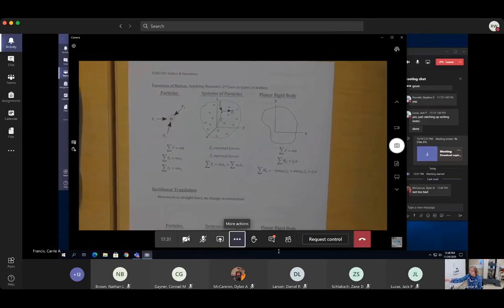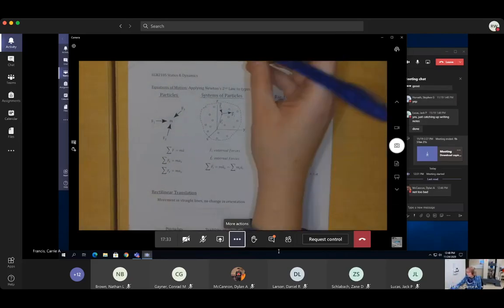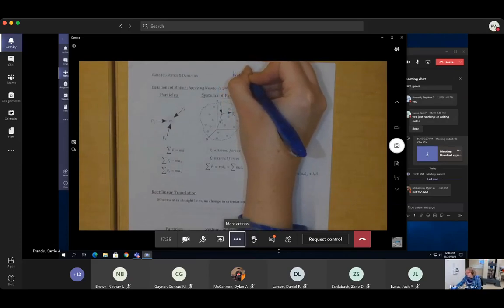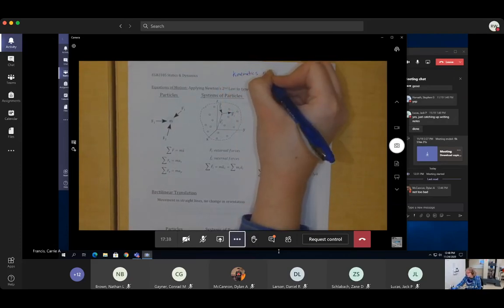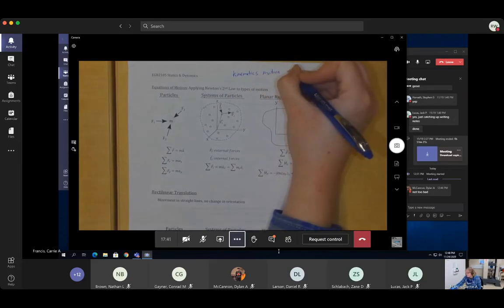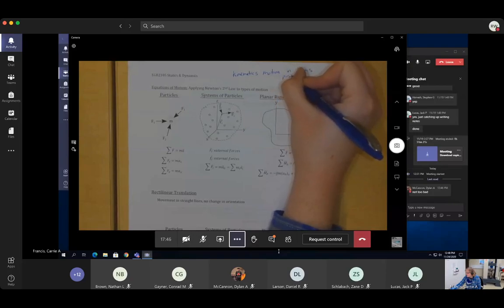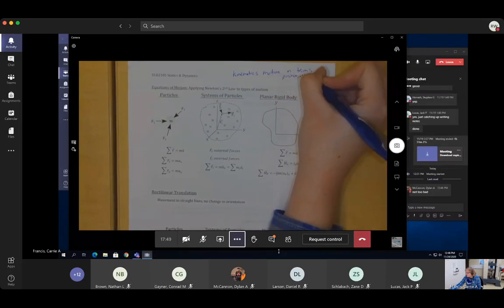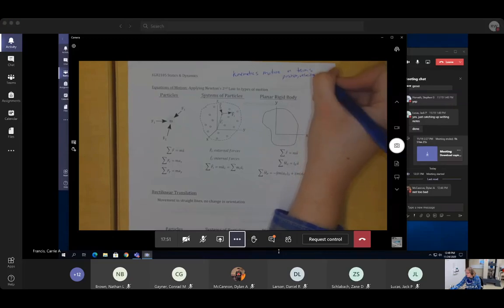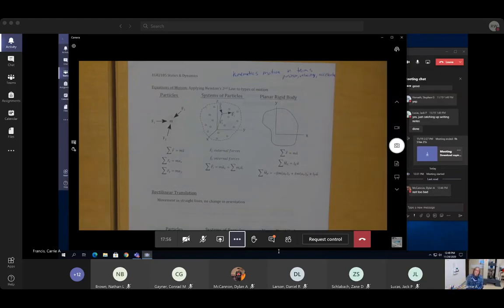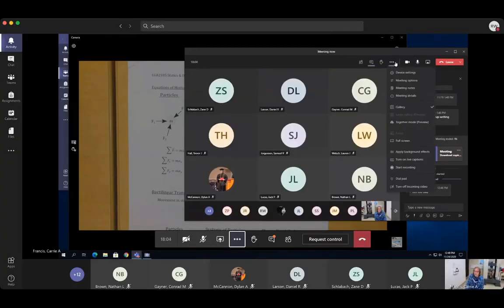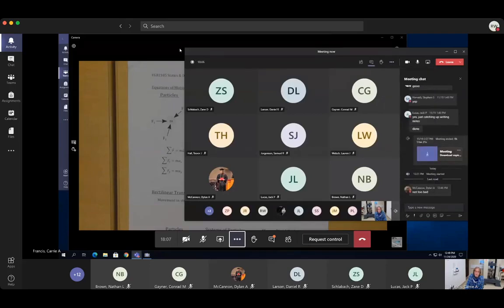So we've been mostly focused on kinematics, which is motion in terms of position, velocity, and acceleration. Okay, and we saw that acceleration could get pretty complicated depending on how many reference frames we were dealing with, what types of reference frames we were dealing with.